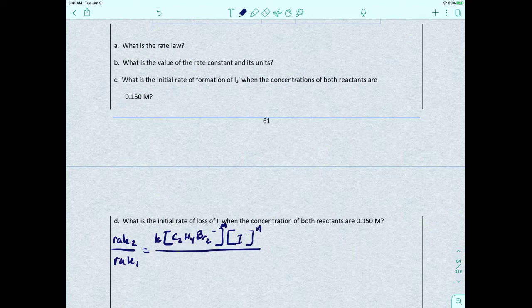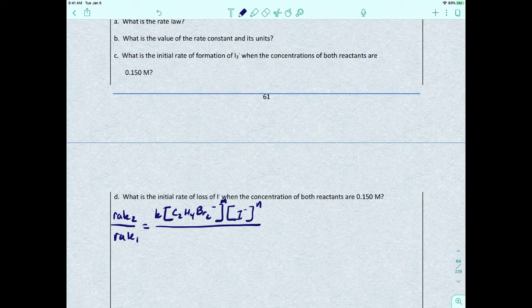We're going to write the same thing for the rate law for experiment 1: k times C2H4Br2 raised to the m power times I minus raised to the n power. And this is going to be equal to the rate of experiment 2 divided by the rate of experiment 1.